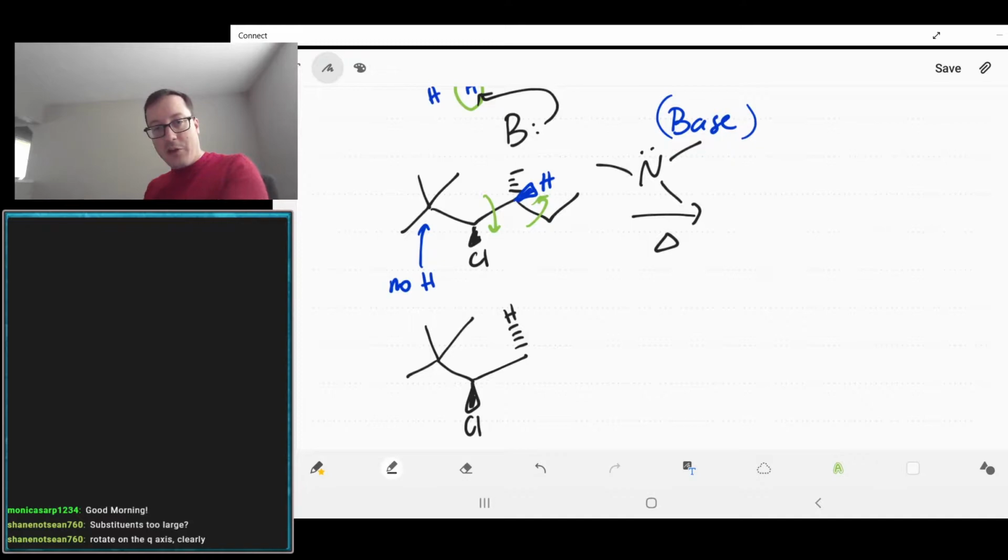As a result, our ethyl group is going to come out to the front, and our methyl group is going to become the one that's in the plane. So we're going to have our methyl group here, and our ethyl group will be up there on the wedge. So just rotating everything around. I would suggest models for this. Models will help.